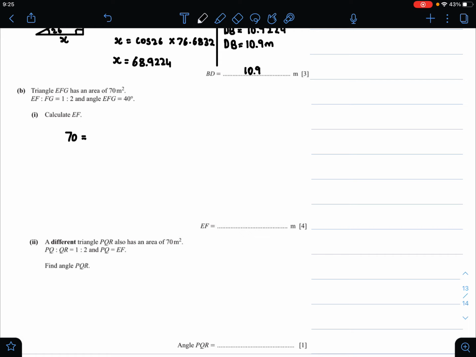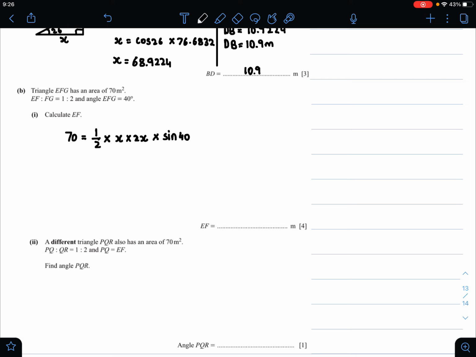We don't know if this is a right angle triangle, so we'll use the formula of half multiplied by side 1 multiplied by side 2 multiplied by the sine of the angle in between both the sides. So one of the sides is x and the other side will be 2x, multiplied by sine 40. Now all we need to do is solve for x.